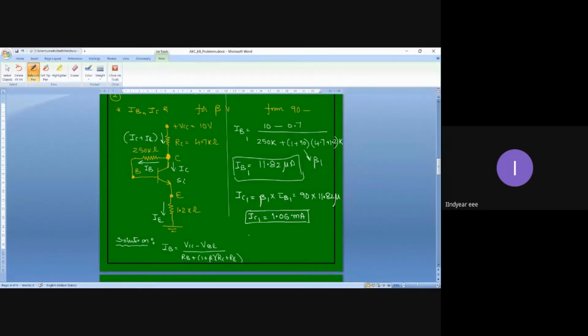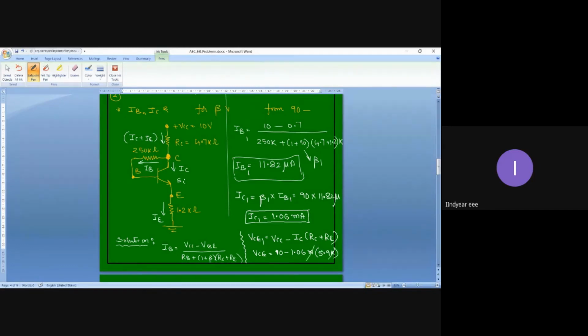Once IC1 is calculated, you can find VCE1. VCE1 is VCC minus IC times (RC plus RE). So VCE is equal to 10 minus 1.06 milli into 4.7 plus 1.2, that is 5.9 kilo.